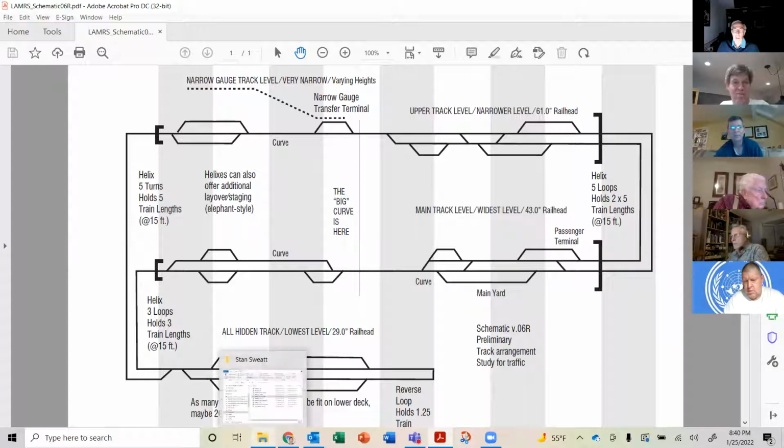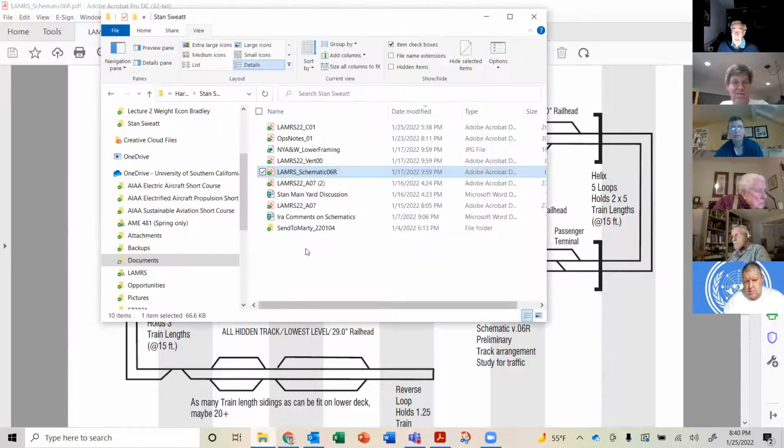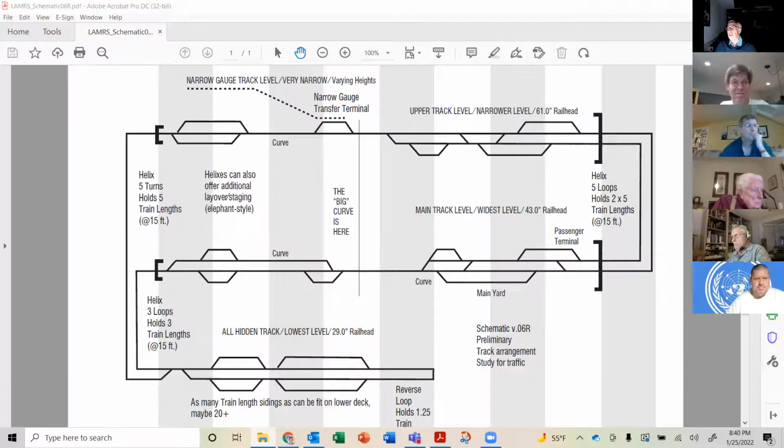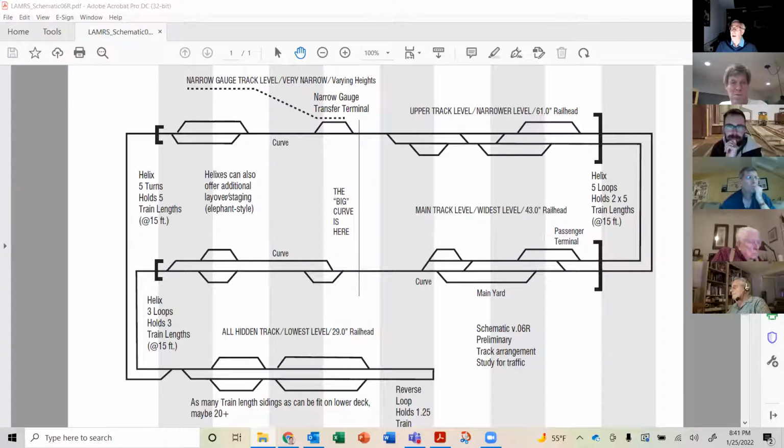Well, no, you could leave it. The thing that I liked about it, although I may have misread it, is that let's say the upper one is one staging, the lower one is the other staging. With the crossover, you could reverse without going through the other staging and blocking that up. So I was very positive about the crossover kind of thing. Yes, good point.